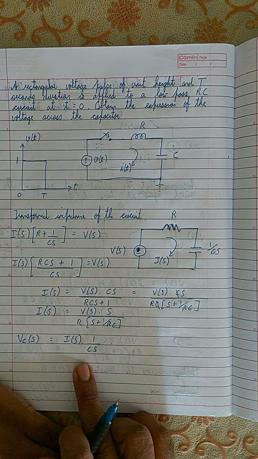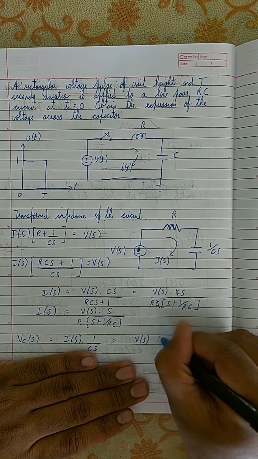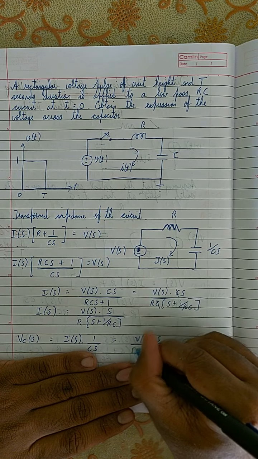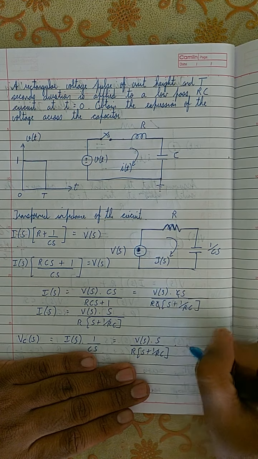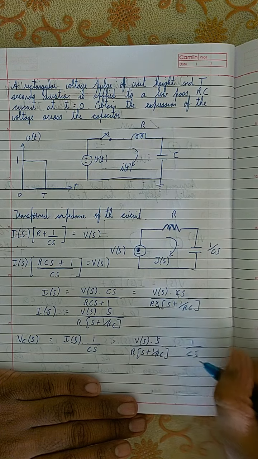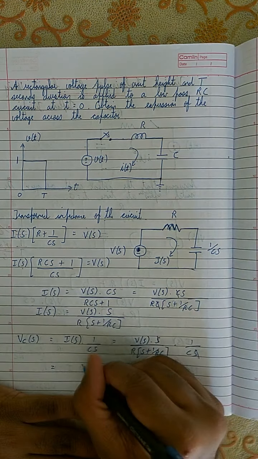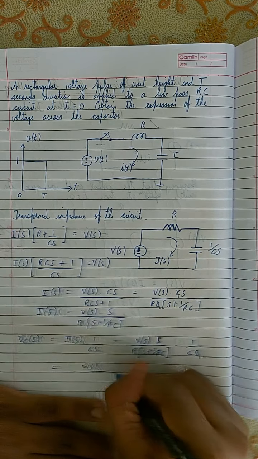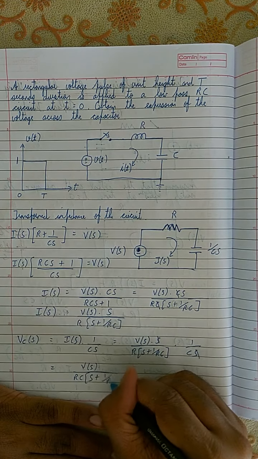In other words, it is V of S into S by R into S plus 1 by RC, into 1 by Cs. This S and this S will cancel each other, and we have the equation as V of S by RC into S plus 1 by RC.